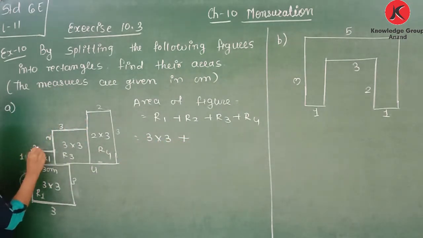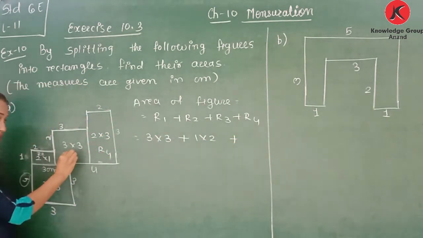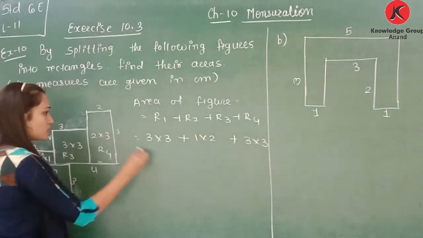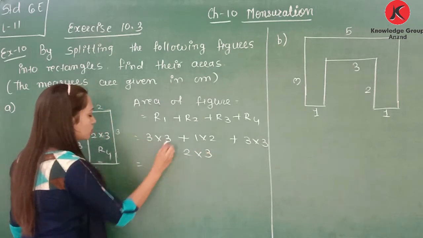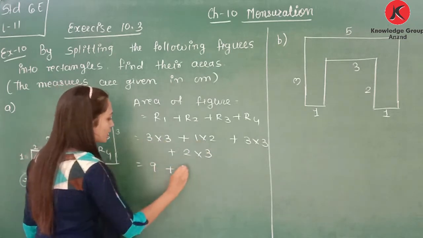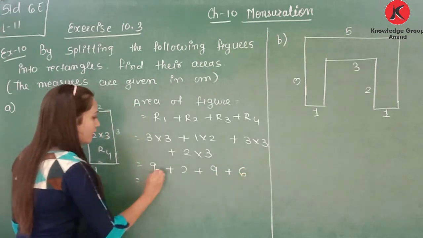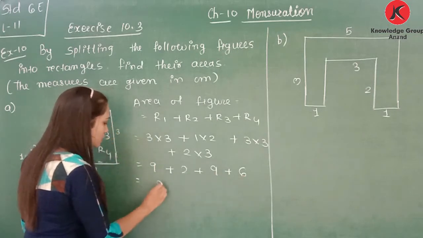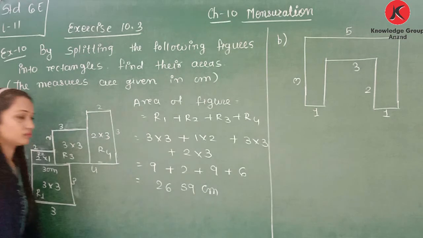That is 1 multiply 2. Area of this figure, that is 3 multiply 3. And the area of this rectangle, that is 2 multiply 3. So 3 3s are 9 plus 2 1s are 2, 3 3s are 9, plus 9 plus 9, 18 plus 2, 20 plus 6, that is 26 square centimeter.